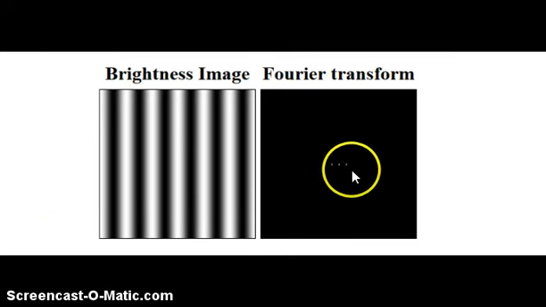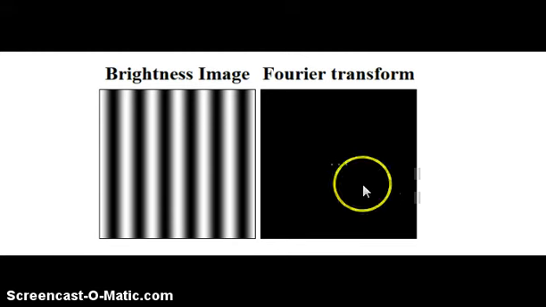So looking in the Fourier transform, there's a bright pixel at the center right here. That's what I said before, that's the zero frequency, the DC term, and it's flanked to the right and the left by two bright pixels on both sides of this center point right here, and those encode the sinusoidal pattern.